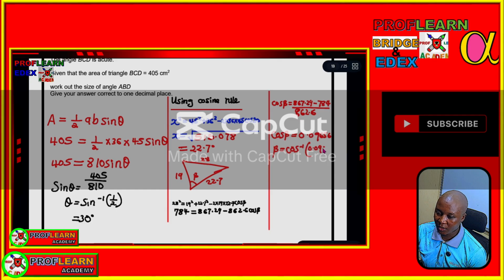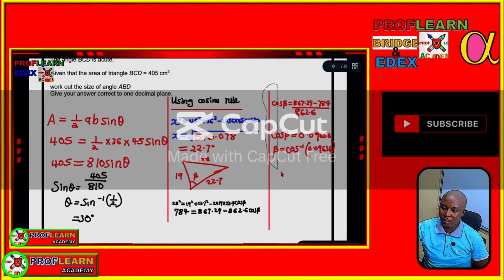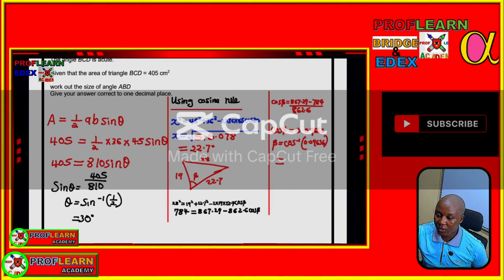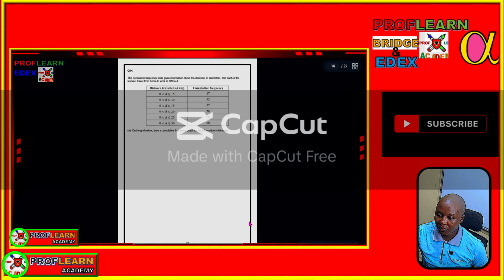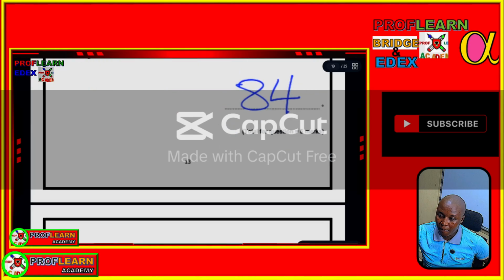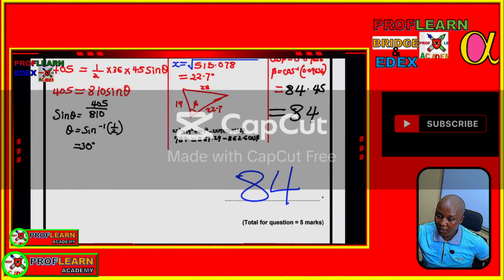Then we find the cos inverse of that, which is going to translate to 84.45. Yeah, right. So I think we can also write it there so that we can move to the next part.